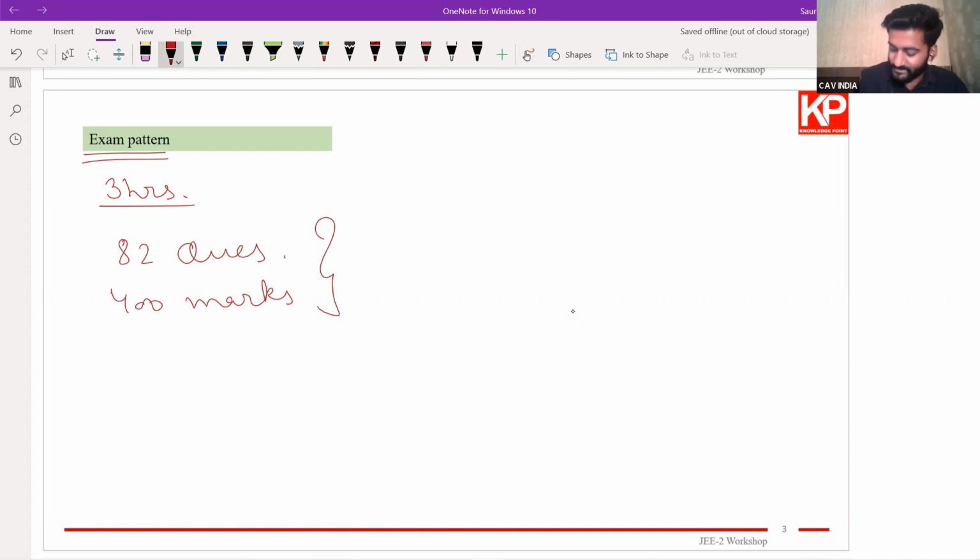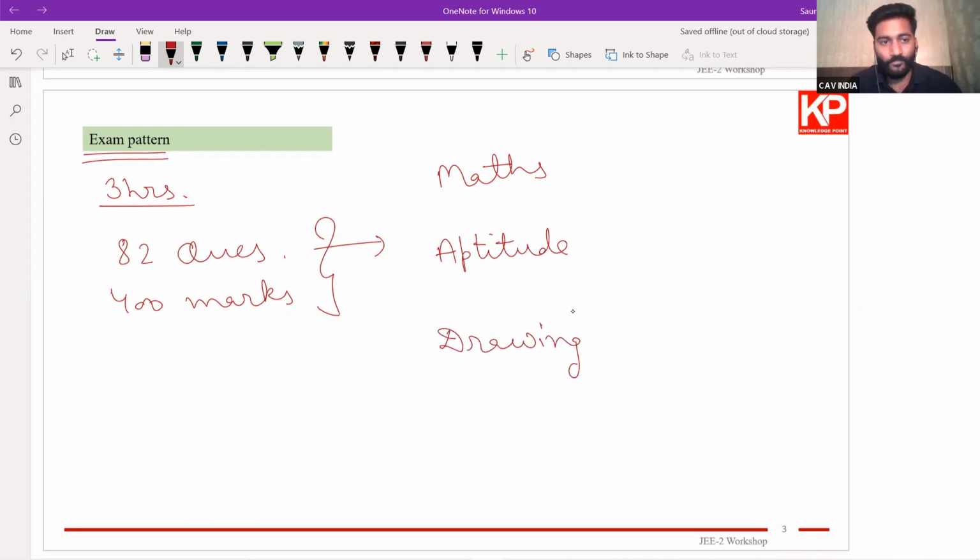And out of these, they have a clear-cut division of different sections. 3 parts are present: maths, aptitude, or let's say the reasoning skills, and third is drawing or sketching part. Now, in the exam structure, the entire exam is in online mode except the drawing part. So first you need to attempt the maths and aptitude part in the online mode, and then you will also get an A4 paper for the drawing part.